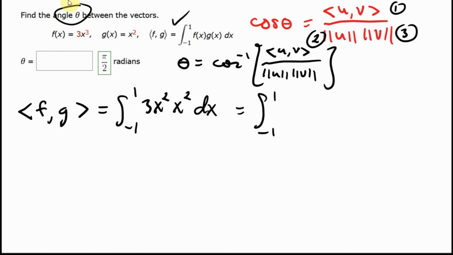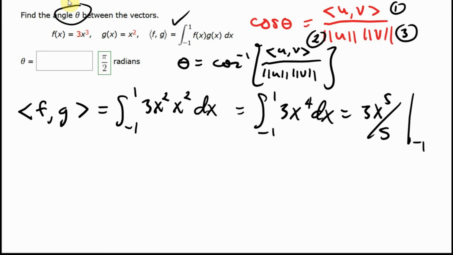This is the integral from -1 to 1 of 3x to the 4th dx. So we integrate that, we get 3x to the 5th all over 5, and that's evaluated from -1 to 1.